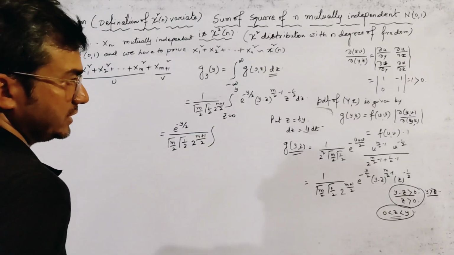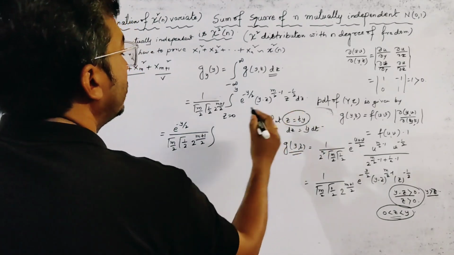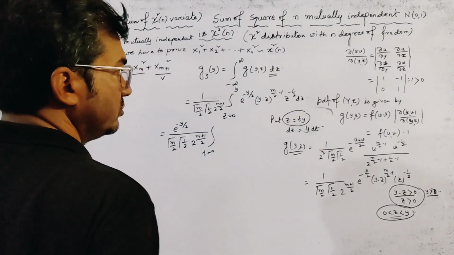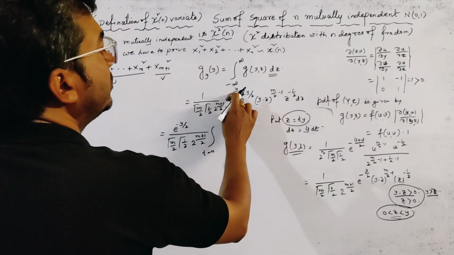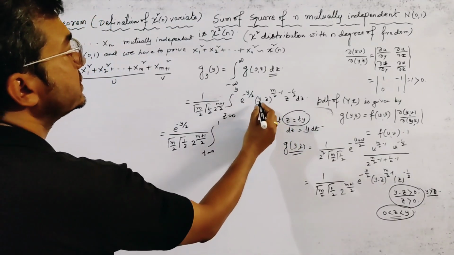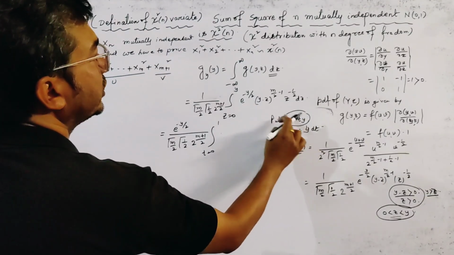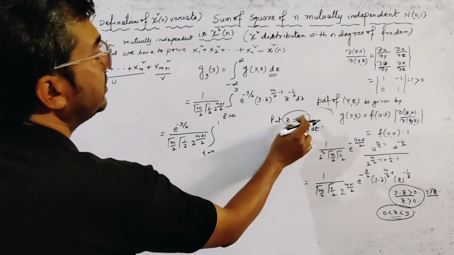This is the integration. When z equals 0, then obviously t equals 0. When z equals y, then obviously t equals 1. And this is given by y. y minus z, z means ty.